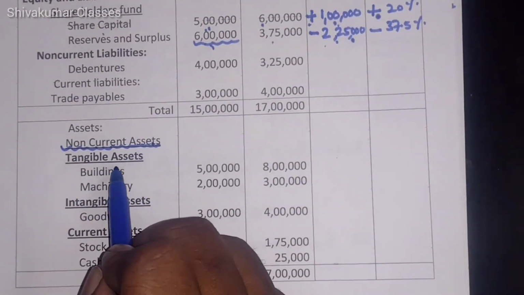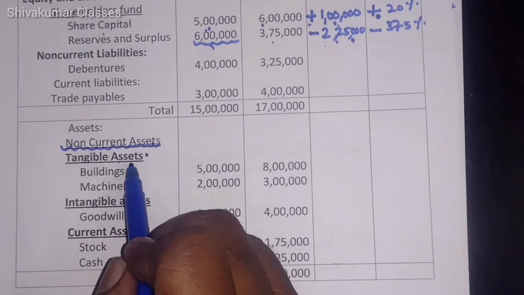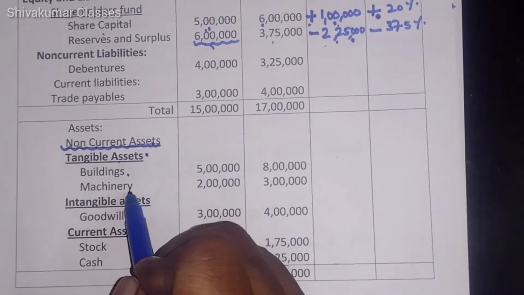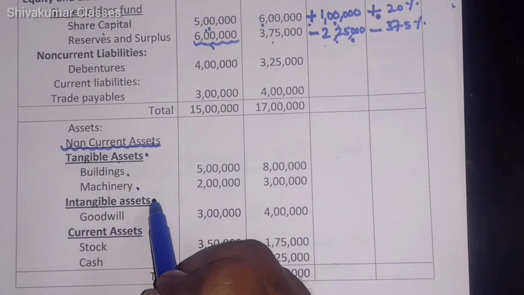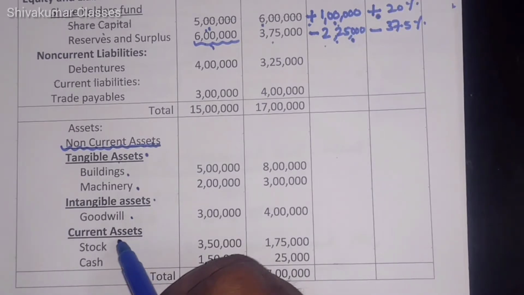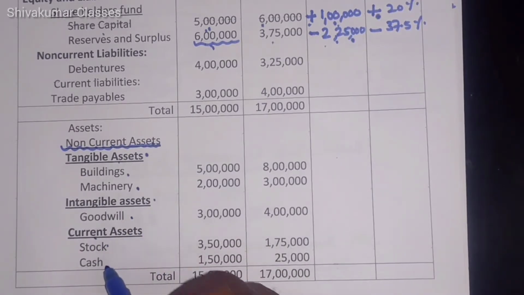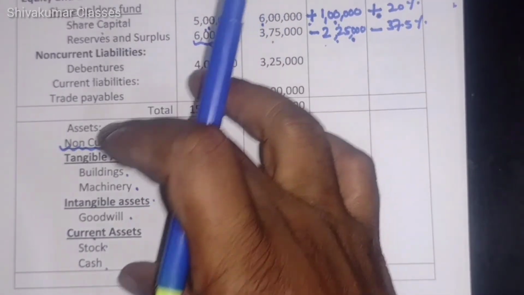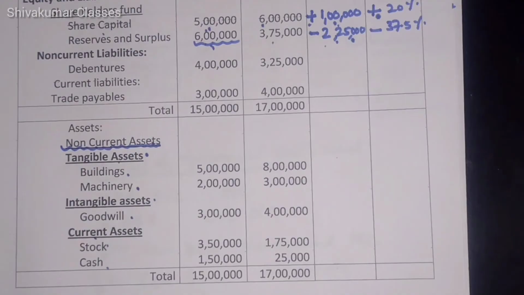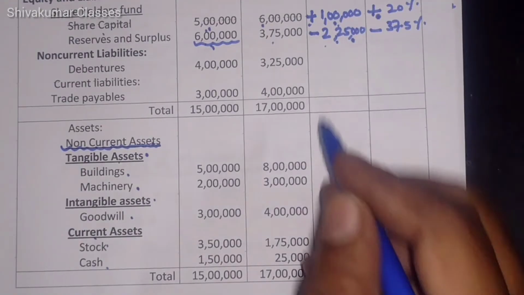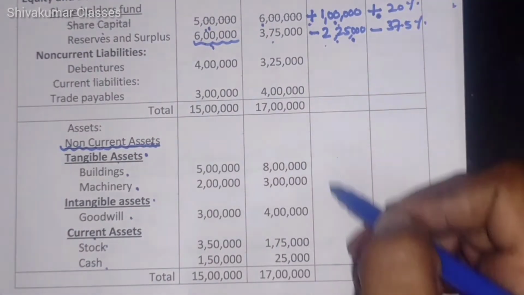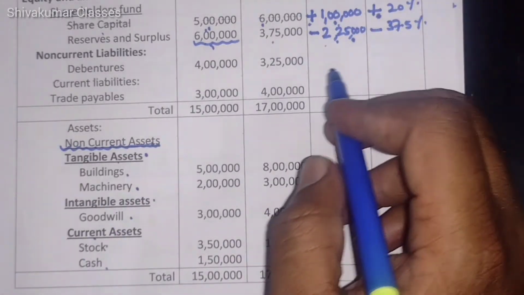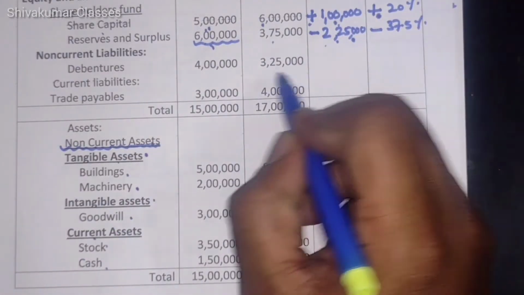Non-current assets, under that tangible assets, building and machinery; under intangible asset, goodwill; and under current asset, stock and cash have to be shown. If you write it like this, you will get full marks, otherwise you will not get full marks. Now for the remaining things let me not show the calculation, only the direct answer let me write out.